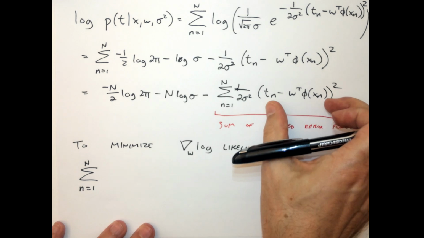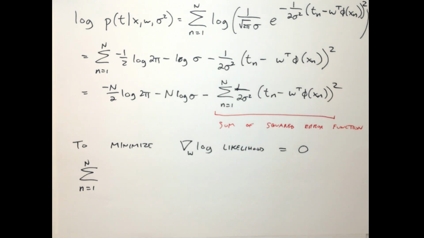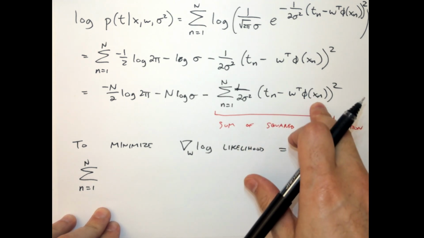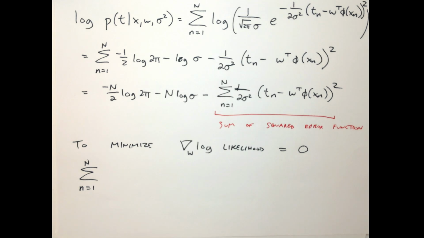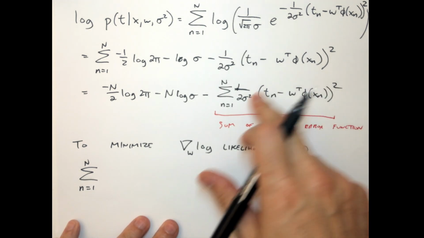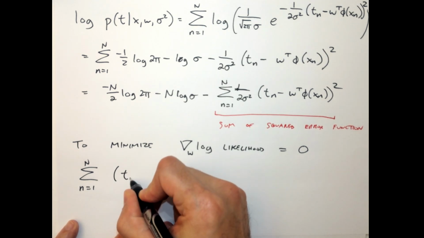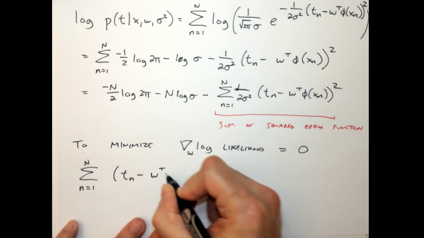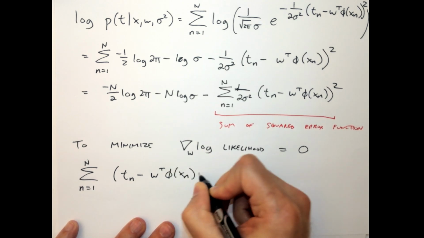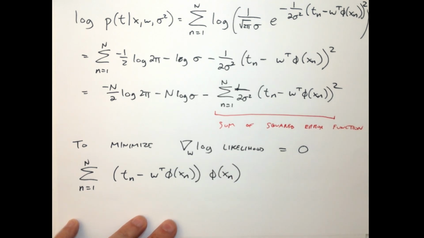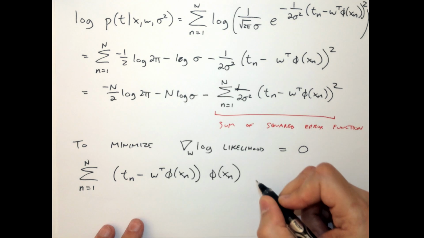This here is a scalar, and we're taking the gradient of it, so we're going to end up with a vector. When I take the derivative of this scalar with respect to this vector to get the gradient, it's just going to be these numbers at the end. So this 2 is going to come down and cancel with this 1/2, and I'm going to get something like T_n minus w transpose phi_n times this thing here, and I'm going to set that equal to 0.